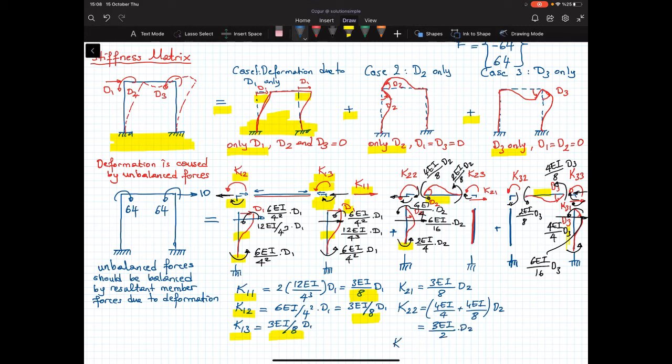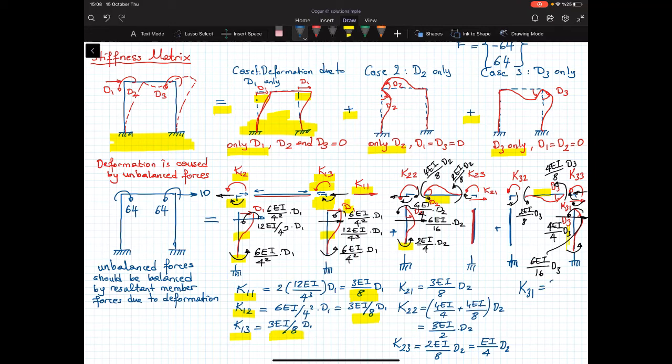And K23 is equal to 2EI over 8 D2, which is equal to EI over 4 D2.